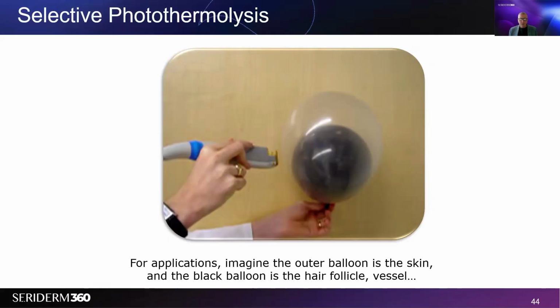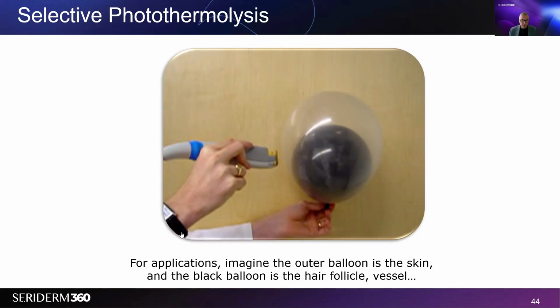Now, if I want to blow up the black balloon, I can choose a wavelength that will pass through the white balloon without damaging it. If you can imagine the outer balloon is the skin surface and the black balloon is the hair follicle, if I choose the right wavelength, I should be able to explode it without damaging the white balloon.